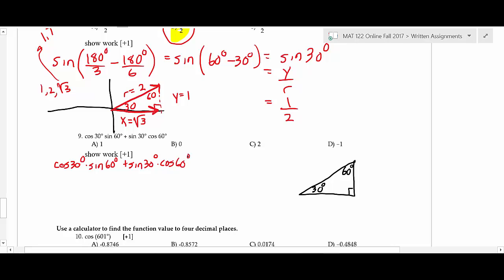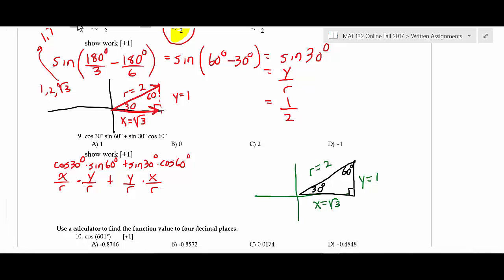You want to do this totally without your calculator. Well, the cosine's x over r. The sine is y over r. Again, sine's y over r, cosine's x over r. So that's what you ultimately have to do. Okay, so if you have a 30-degree angle in quadrant 1, this means y is going to be 1, x is going to be square root of 3, and r is going to be 2.